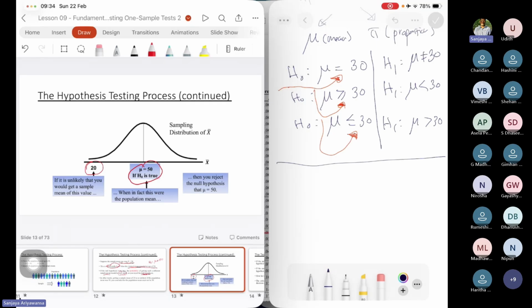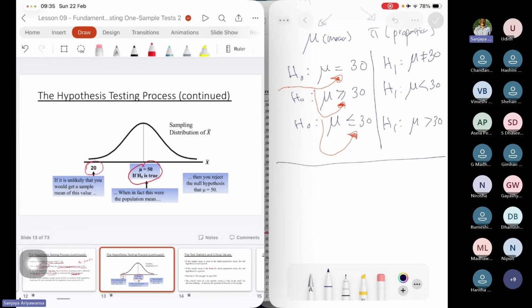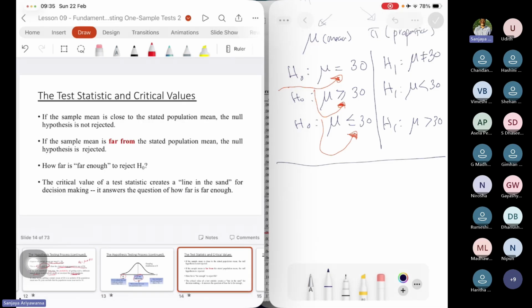So then we have to have some parameter or threshold value to tell us this 20 is too far away from the claim that we are making. So therefore, the claim we are making might be incorrect, right? That's the question we have to ask. How far is far enough to reject H naught?